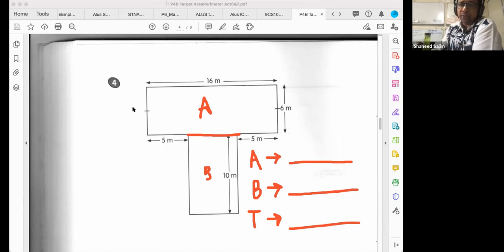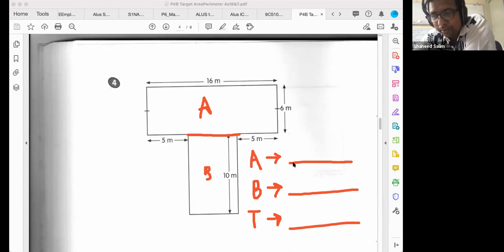Okay, 1 minute is up, so we're going to ask Miss Amara. Amara, how do we find the area of A? What times what? Don't cry, Amara. I just asked you. Rectangle A, how to find the area? Length times breadth. We cannot hear you, you've got to unmute yourself.